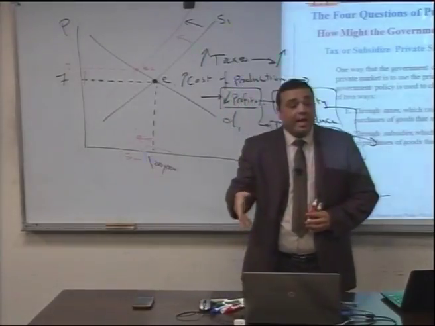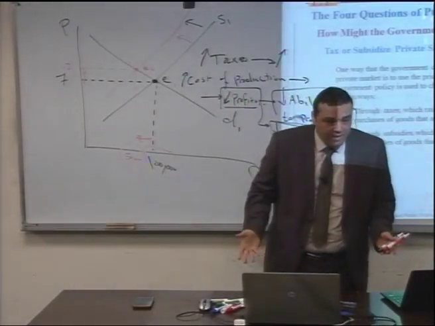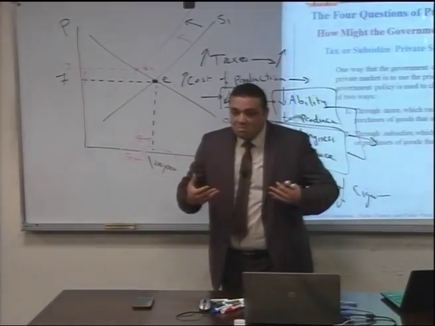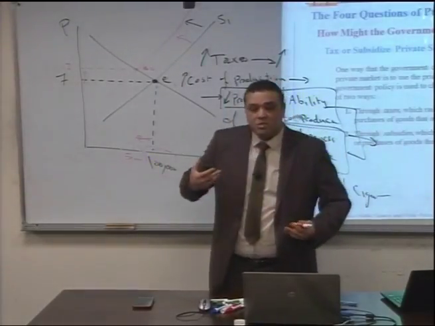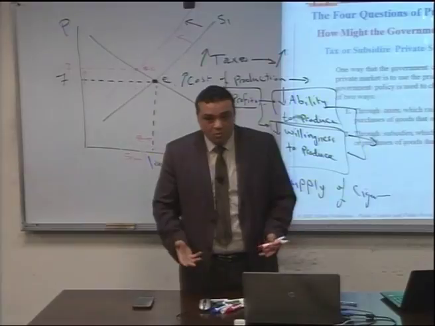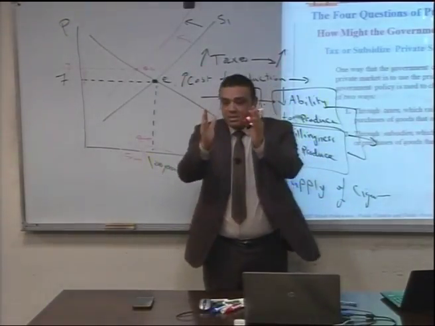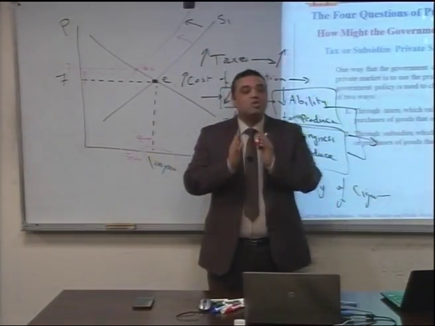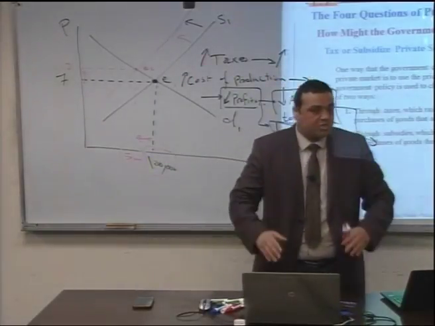So there's an inefficiency, or we have a market failure. So to maximize the benefits, we have to encourage the producers to produce more and more to reach the market efficiency, or the social optimality, or the social efficiency.